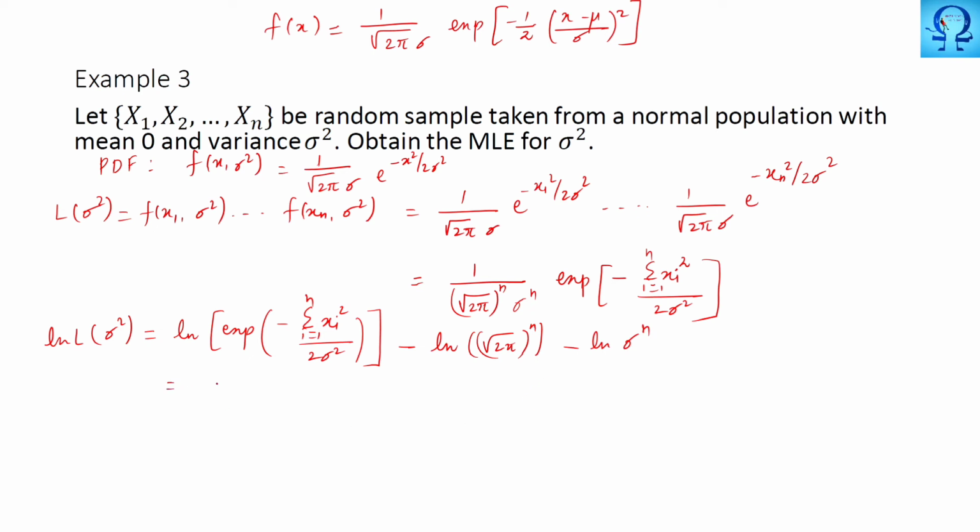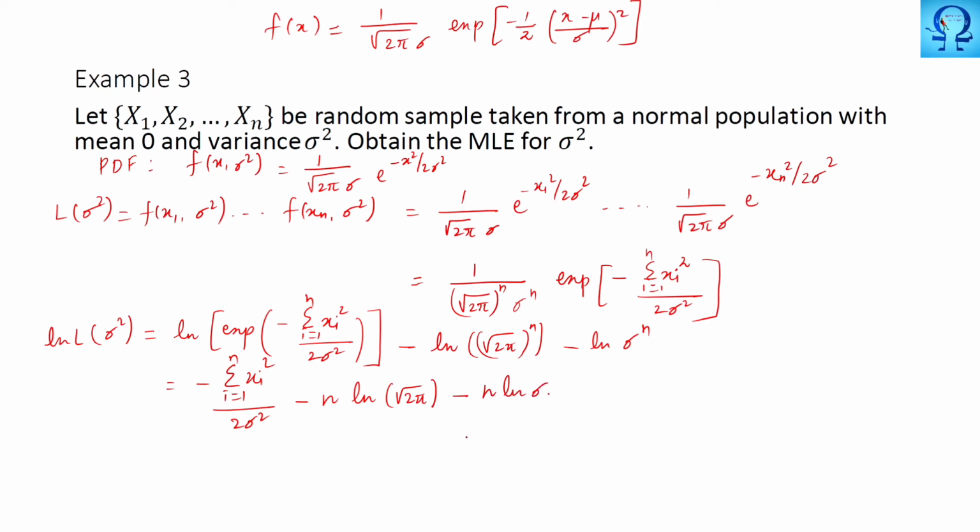Right? Okay, now what happens here? It is simply minus summation i runs from 1 to n xi square upon 2 sigma square, and this is some constant quantity, let that be there as it is. So it is minus n times of log of under root 2 pi, minus n times of log sigma.